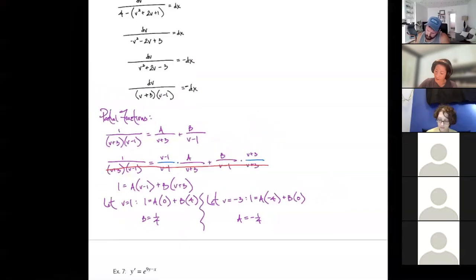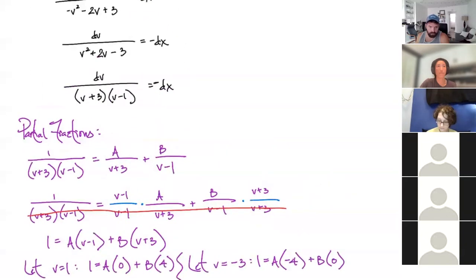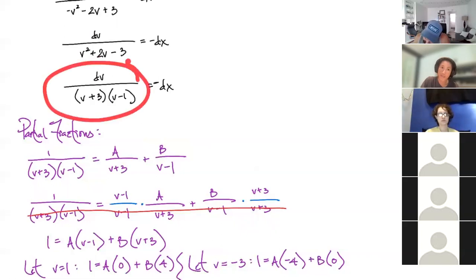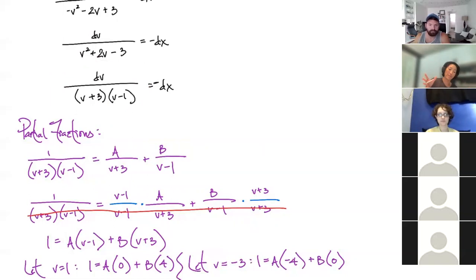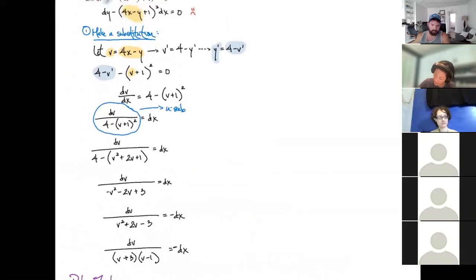All right, now all of this is to say that we were originally working on a problem where we had to integrate, right? And when we have an integral like this, it's a lot harder. But if we can split this into two fractions, then we can integrate much more quickly, okay? So let's take a look at how this impacts our ability to integrate.